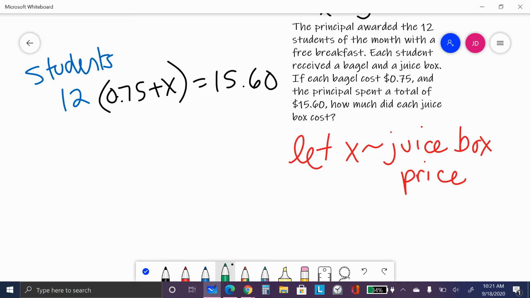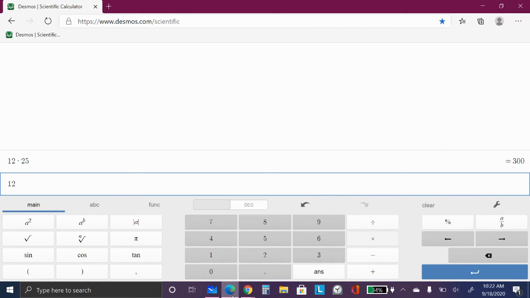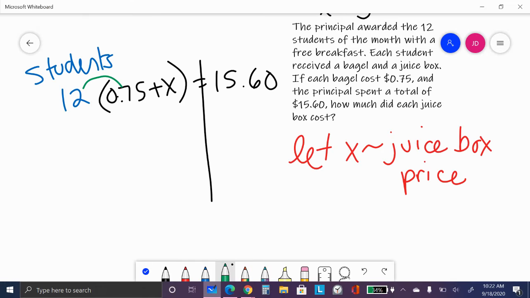And again, parentheses means we distribute. 12 times 0.75, you can do that in your calculator, and that is $9. 12 times X is 12X equals 15.60.